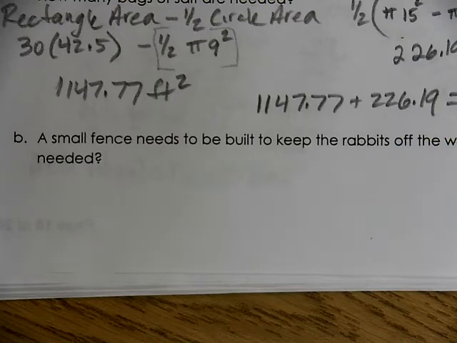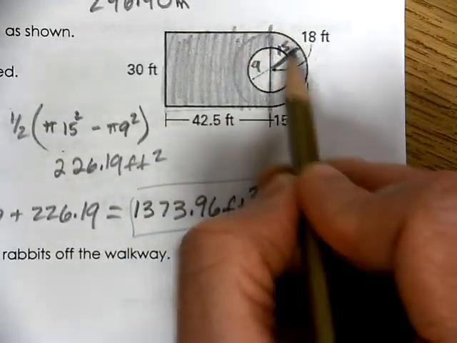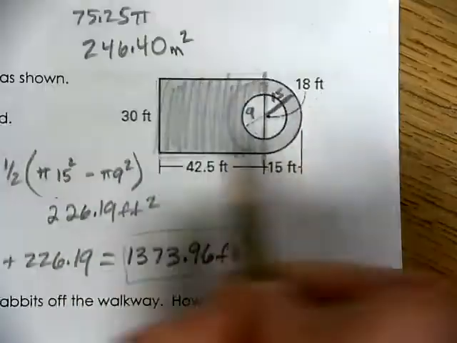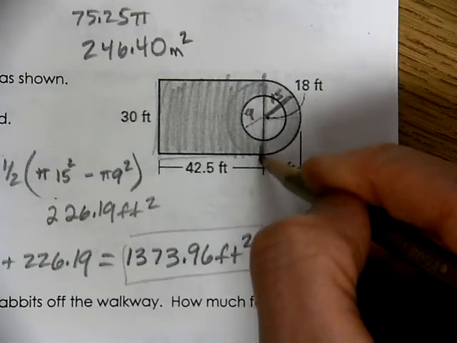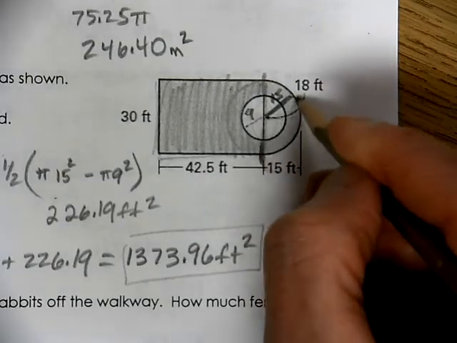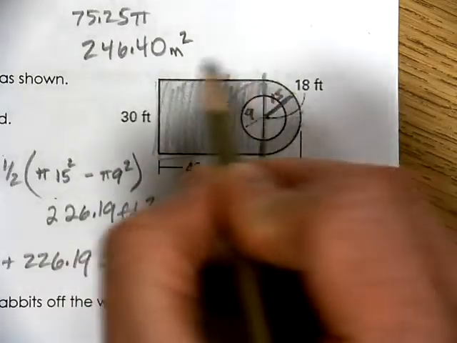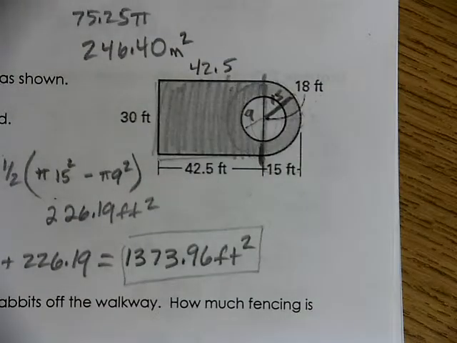A small fence needs to be built to keep the rabbits off the walkway. How much fencing is needed? So we just want to do the fencing around the edge, so the fountain really has nothing to do with it. We have 30 down this side, 42.5 to get to here. Then we have to do our semicircle, and then the 42.5 on that side.